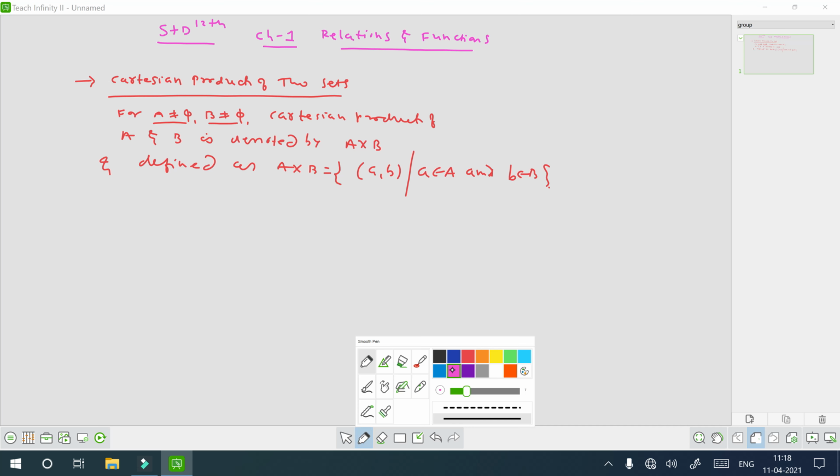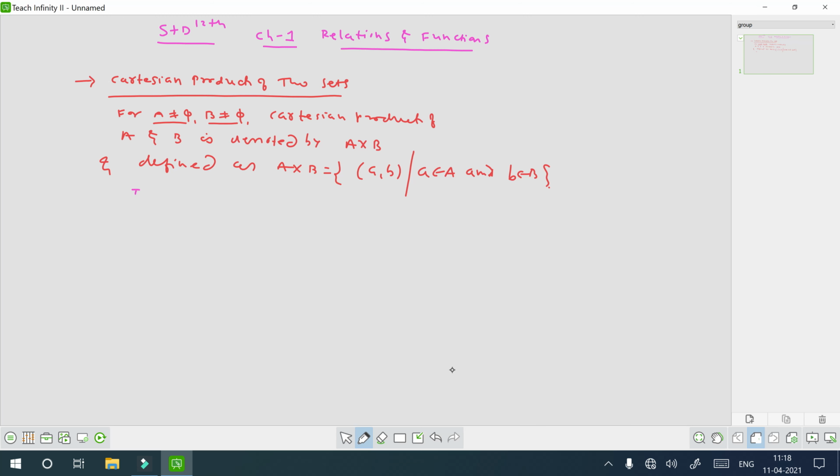Now see here, if n(A) is equal to m and n(B) is equal to n, then n(A cross B), we are familiar with this form, n(A) into n(B) is equal to mn, the total number of elements.